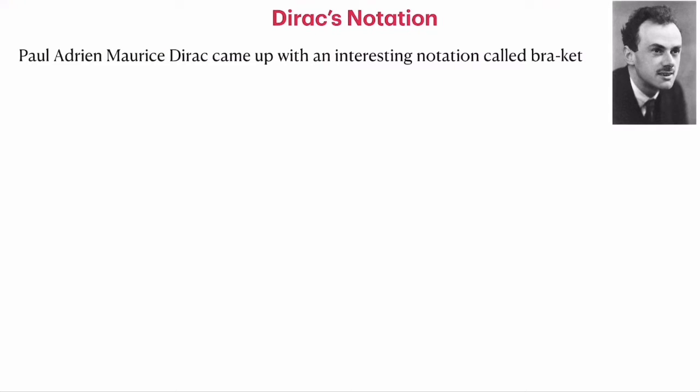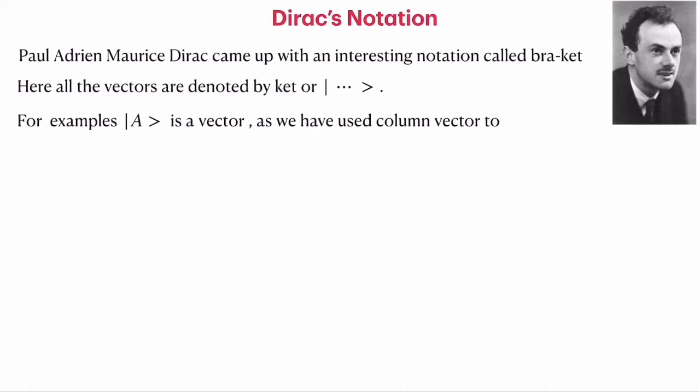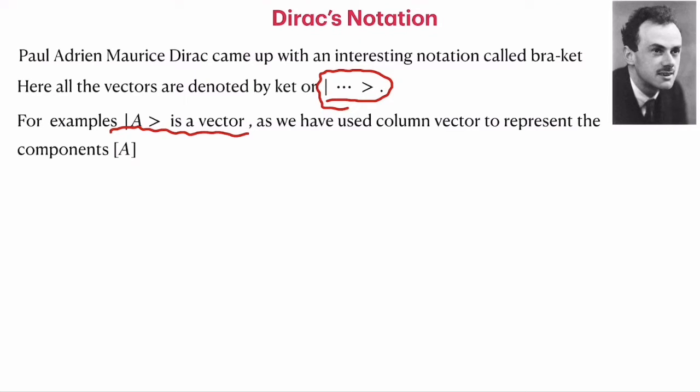It comes from the word bracket, which is broken into bra and ket. Here all vectors are represented by a ket, or symbolically it is written like this. For example, vector A is written like this.